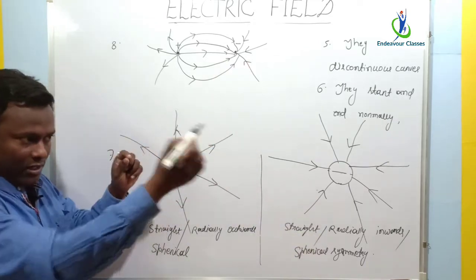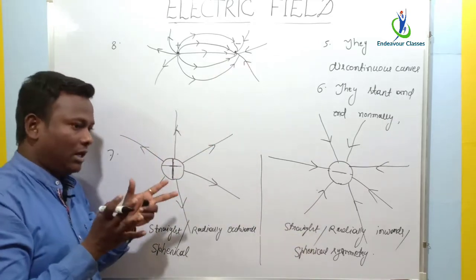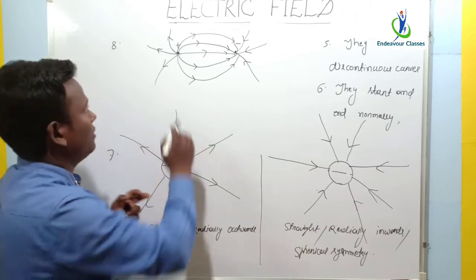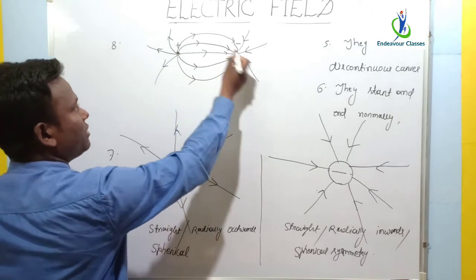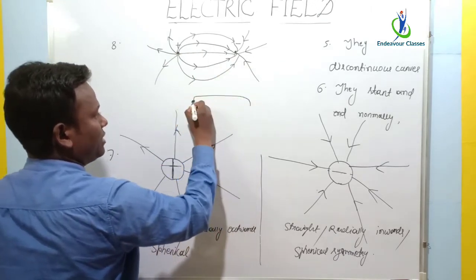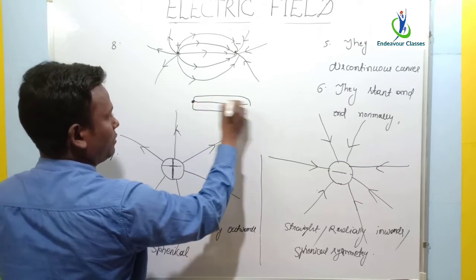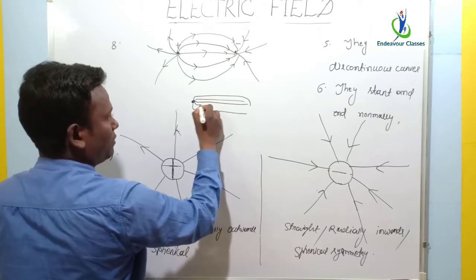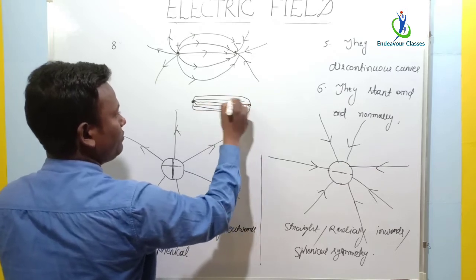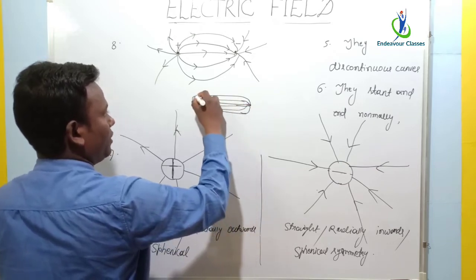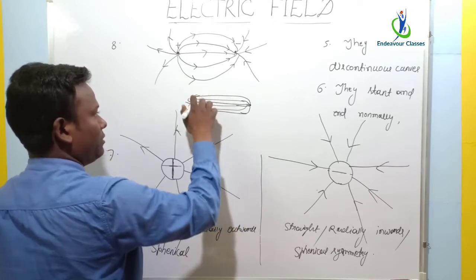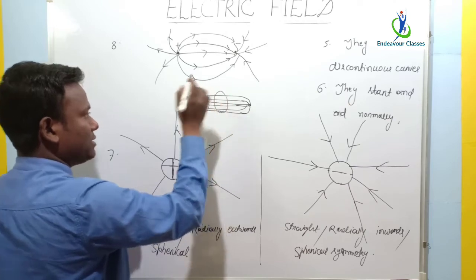If you collectively see all the lines of force, you can visualize it as a cylinder, because in all regions of space the lines of force will be arranged like this. So this will be forming a cylinder.